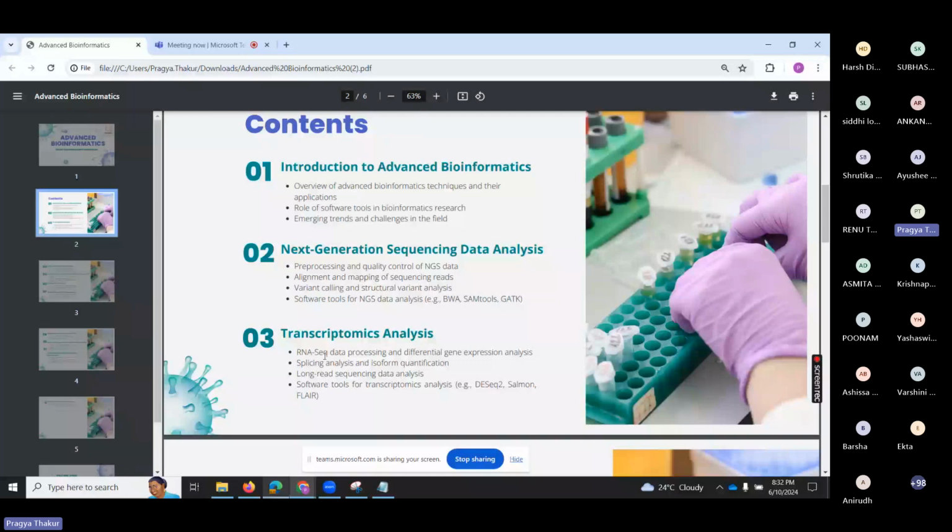We will first understand how the data within an organism is processed, and how we understand the gene expression analysis of that. There are also softwares like DESeq2, Salmon and FLARE. We will see a brief introduction of these. We will understand the concepts, and then see the software tools along with that.